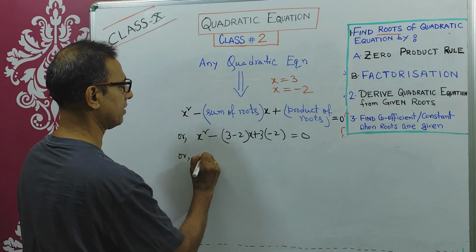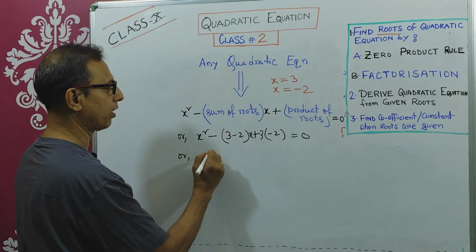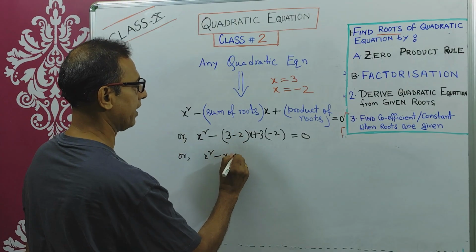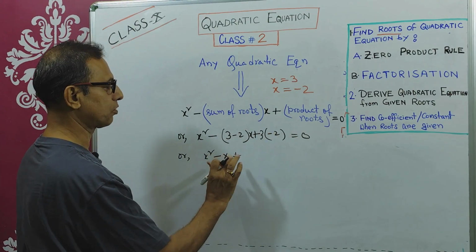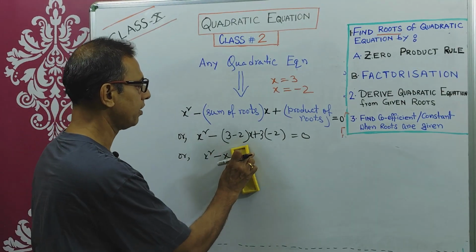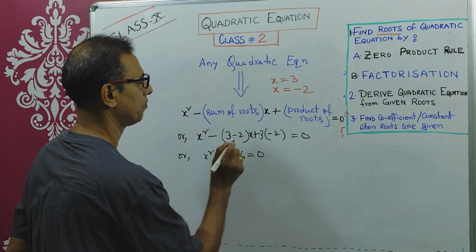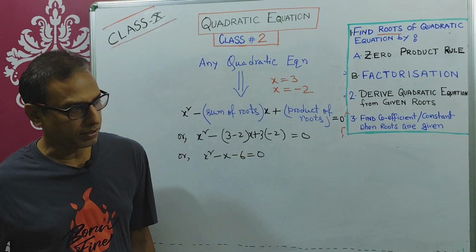Next line: x square, 3 minus 2 means 1, x square minus x plus 3 into minus 2, so it will not be plus, it will be minus. So x square minus x minus 6 equals to 0. So this is the quadratic equation.